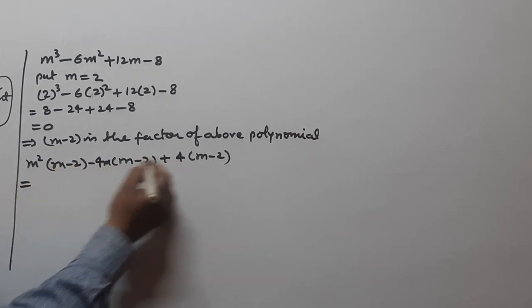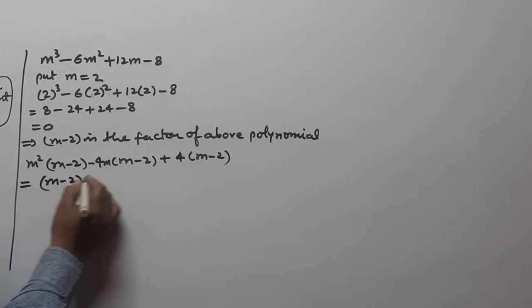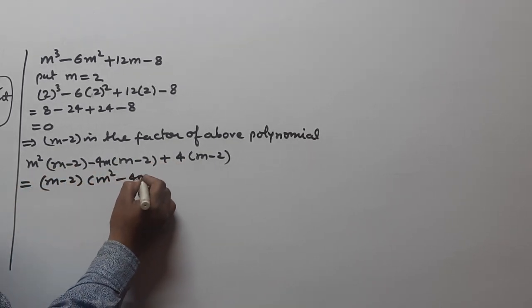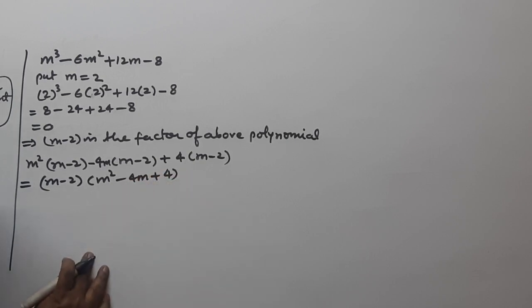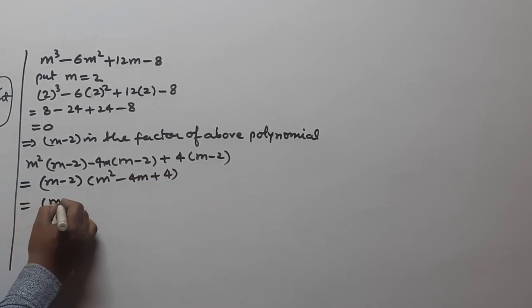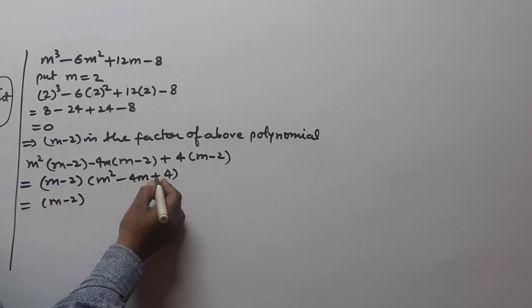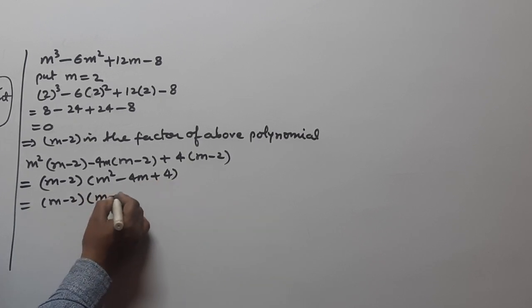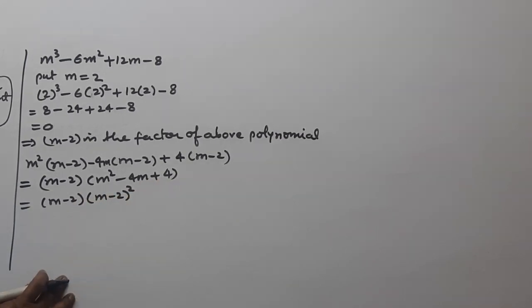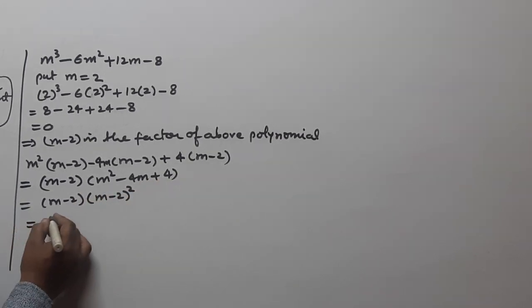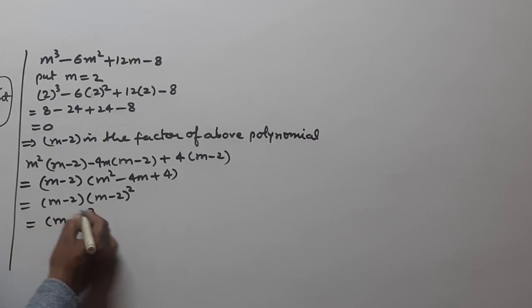Now taking m minus 2 common again, we get m squared minus 4m plus 4. This m squared minus 4m plus 4 is also m minus 2 whole squared. So the factors are m minus 2 whole cubed.